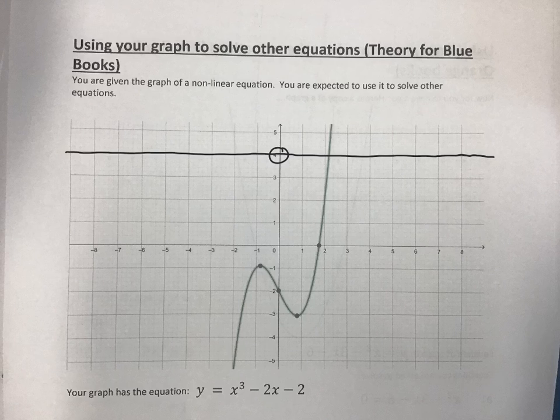Now we look for where the line that's already been plotted on our graph paper crosses the line that we've just drawn. And so we're going to focus on that point, and what we want to know is, what does x equal at that point?